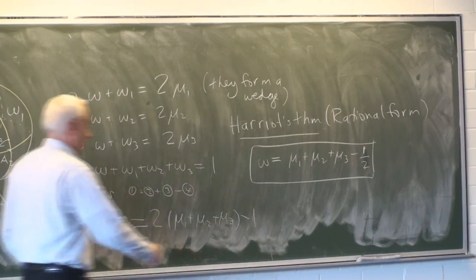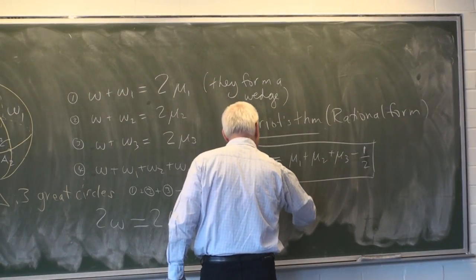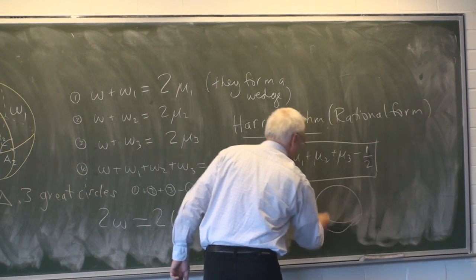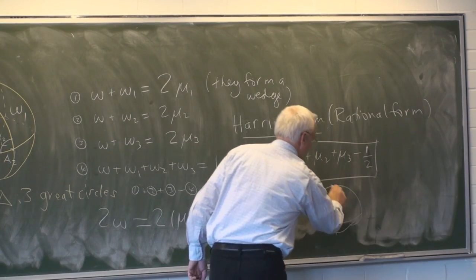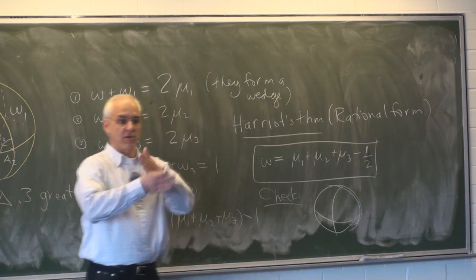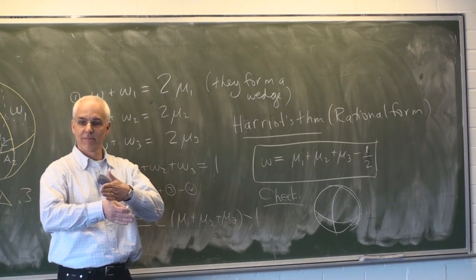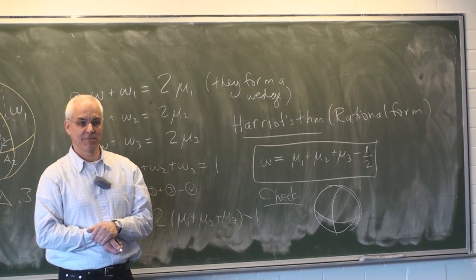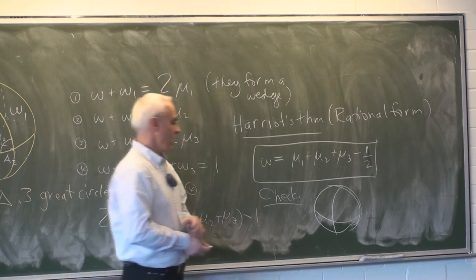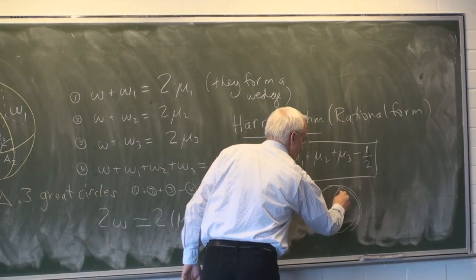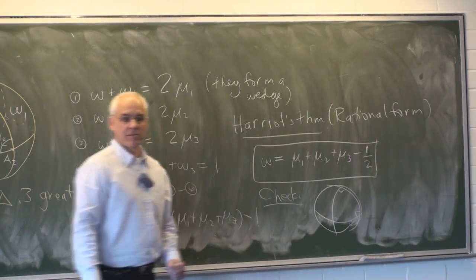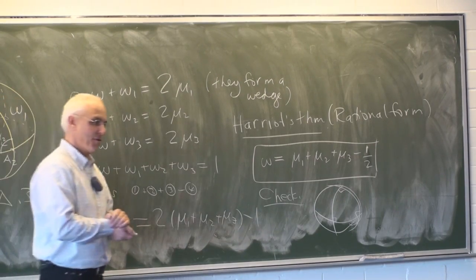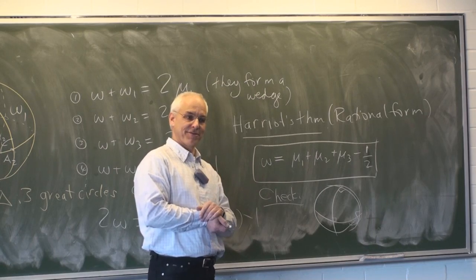So let's just check to see if this is reasonable. Suppose we look at the most symmetrical decomposition where we divide the sphere into 8 equal pieces by the 3 coordinate planes. Then each of these will be 90 degrees, which is a turn of a quarter.